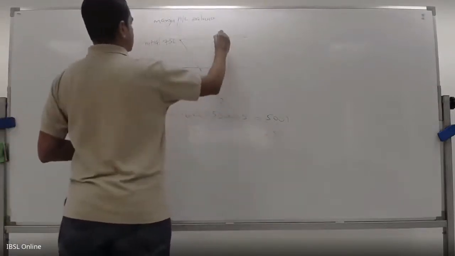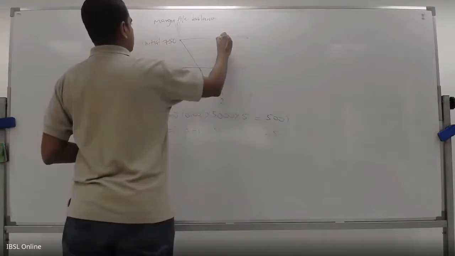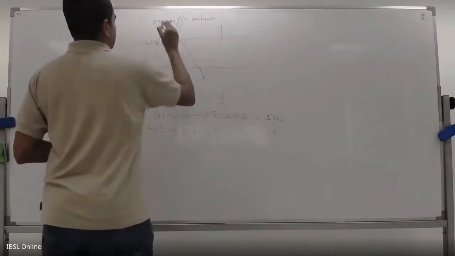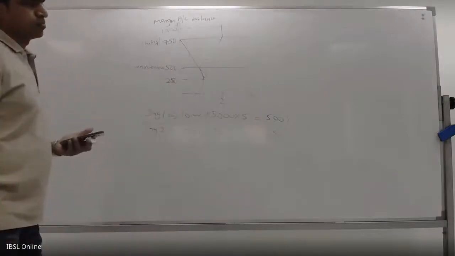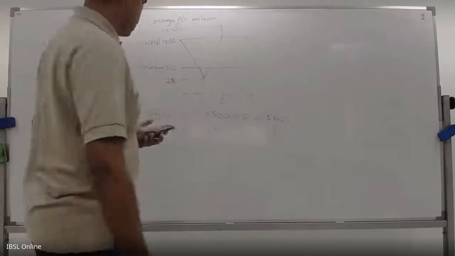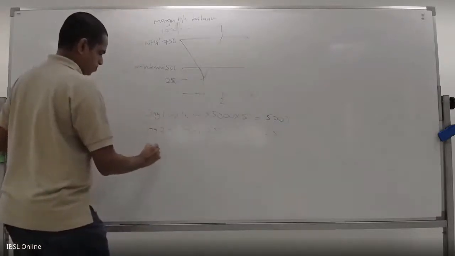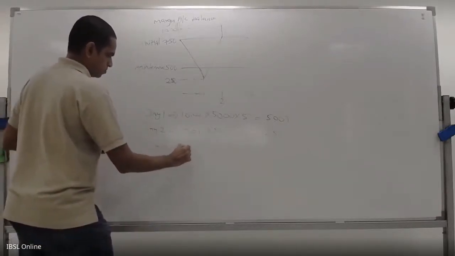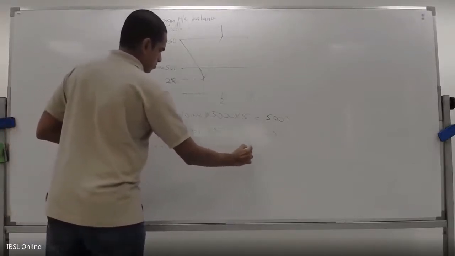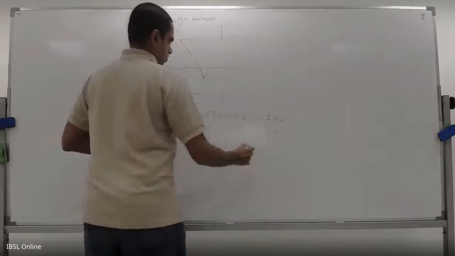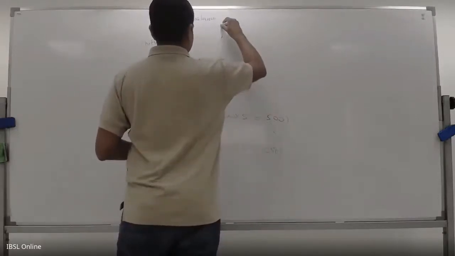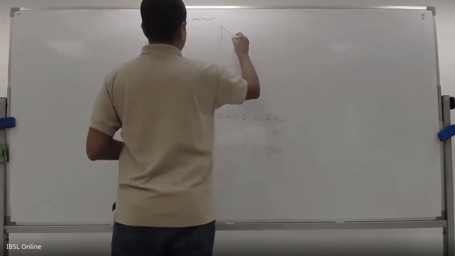So $250 gets added to the account. Your balance goes up to $1,000 on day 2. Then a 1 cent decrease in price on day 3. So day 3, the price comes down again to 750.